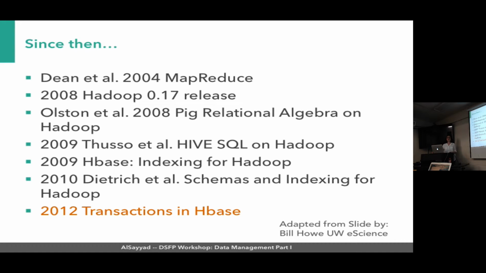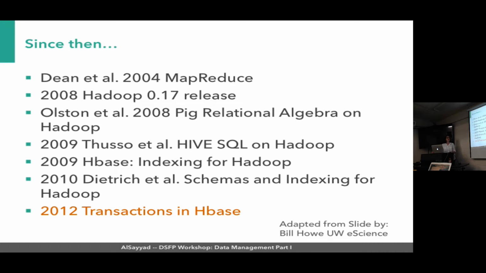As a timeline of what happened afterwards, the Hadoop open source release came out, and people started using it. Almost right after, an implementation of relational algebra called Pig for Hadoop came out. And then an implementation of the actual language SQL that runs on Hadoop came out.